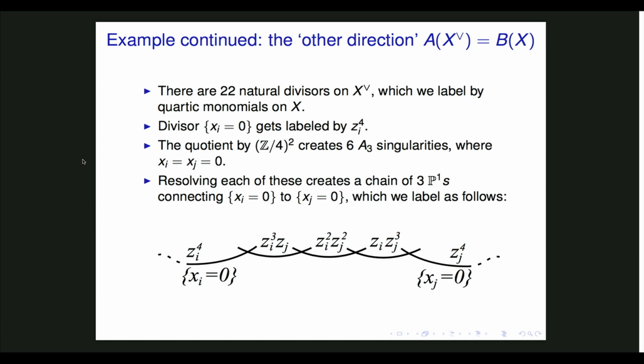And those P1s, those little curves, will come in a chain connecting the divisor xi equals 0 to the divisor xj equals 0. And we're going to give them labels by quartic monomials, as I've shown there.